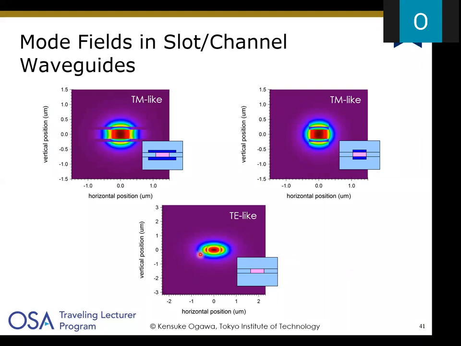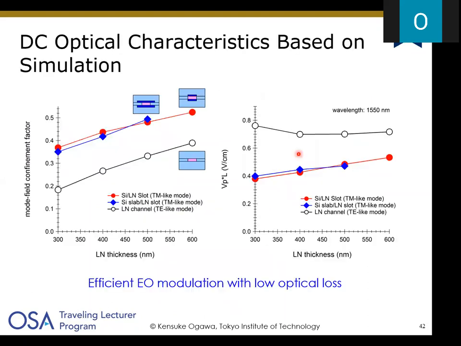Compared with a rectangular single lithium niobate waveguide, a high intensity electric field is confined in this lithium niobate layer, and there is higher modal field confinement in this lithium niobate silicon slot mode.